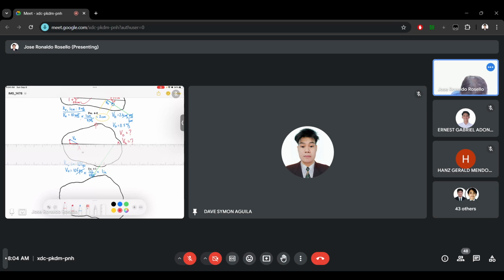I will have to copy it here at point B. Okay, so I measured this at 0.9 inch.